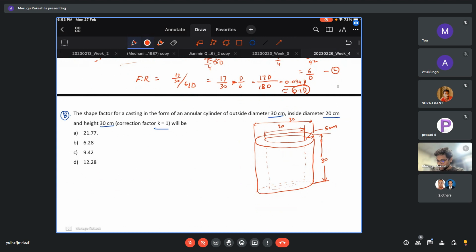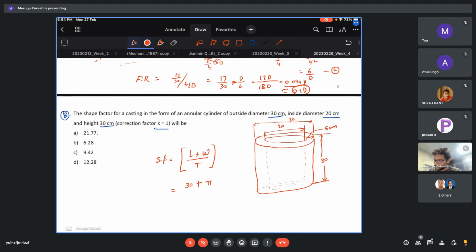So then shape factor, remember, that is length plus width by thickness. So in this, length is nothing but the height, that is 30, plus width, if you see, so we have 30, and we have to see this direction.